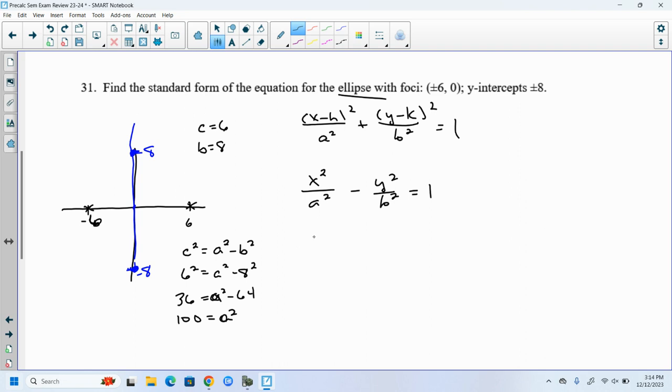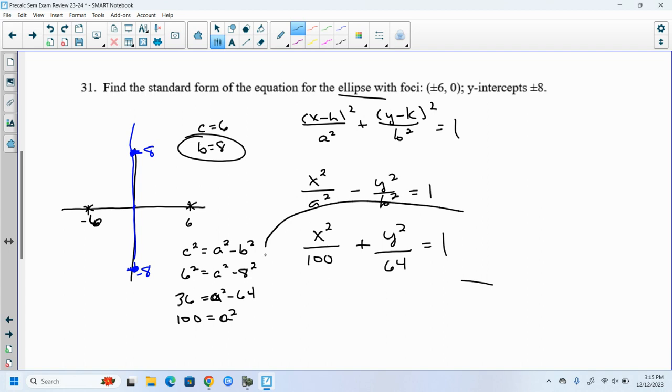So my a squared is 100, so it becomes x squared over 100 plus y squared over b squared. Well, b is 8. 8 squared is 64, equals 1. There's your final answer. Okay, there's all 31. Good luck.